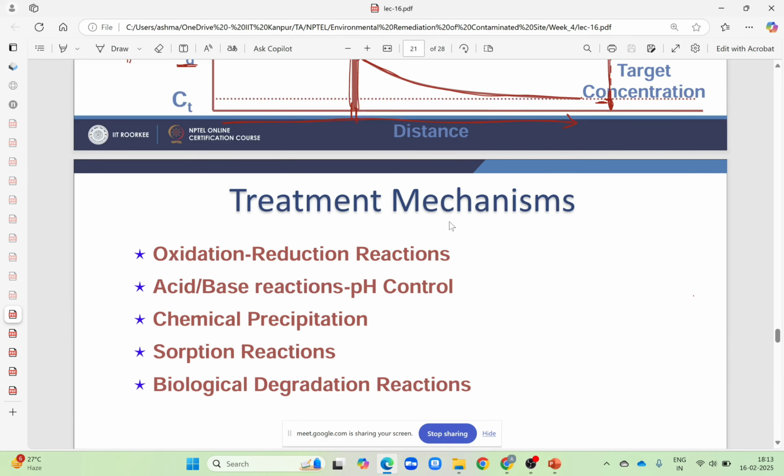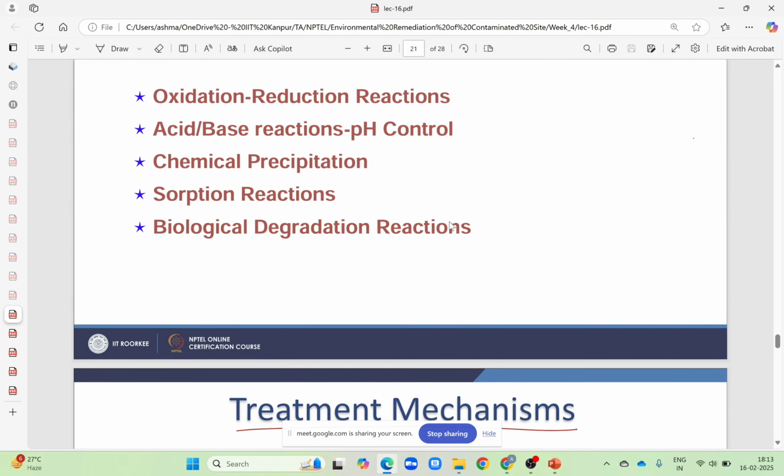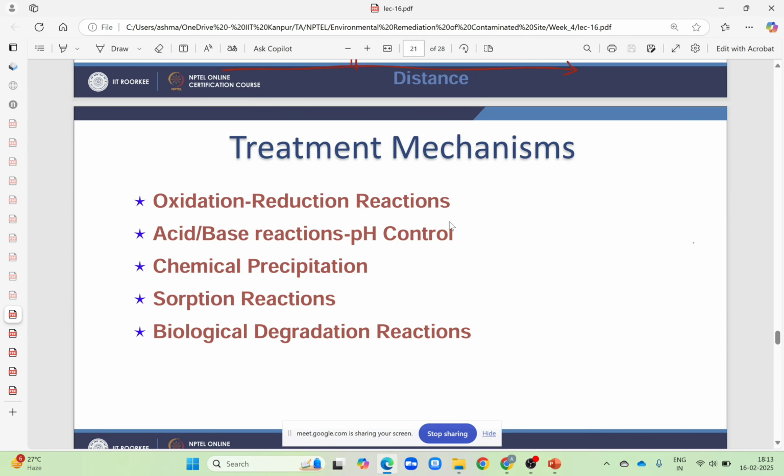Let's look at the next. There can be different mechanisms through which the pollutant is treated. It can be based on oxidation and reduction reactions. We have seen an example of T3, that is trichloroethylene, which was reduced to, I think, ethane or ethene.